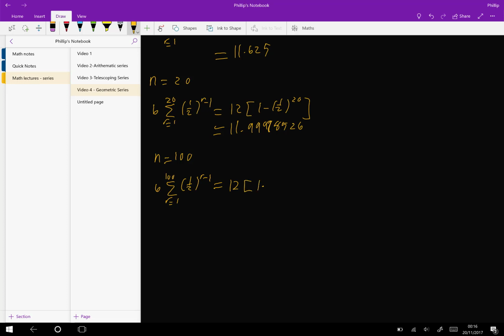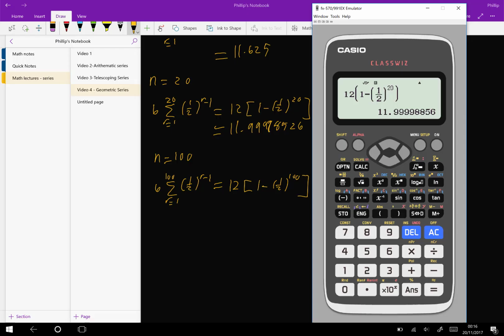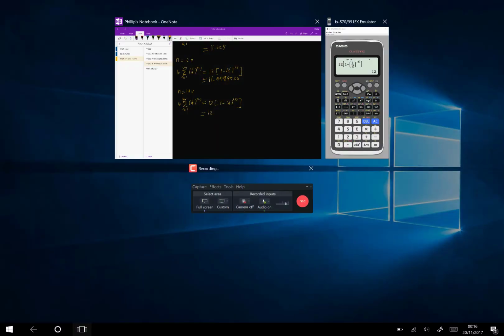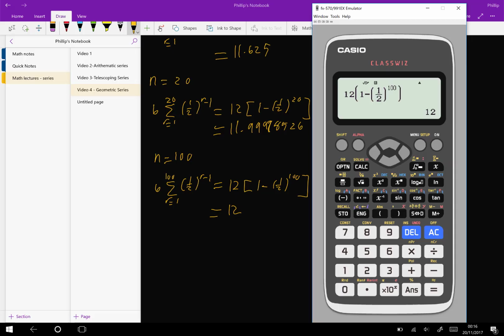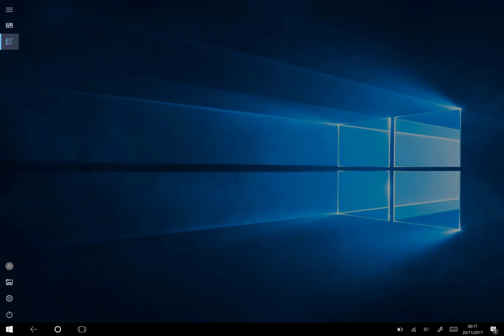So 12 times by 1 minus a half to the 100. This is the last one I'm going to do, and it's definitely going to be over 12, I'm sure. Huh, 12? It's not 12 exactly. What that means is the calculator cannot compute anymore. So let me load up the Windows calculator. It's not as good as that.